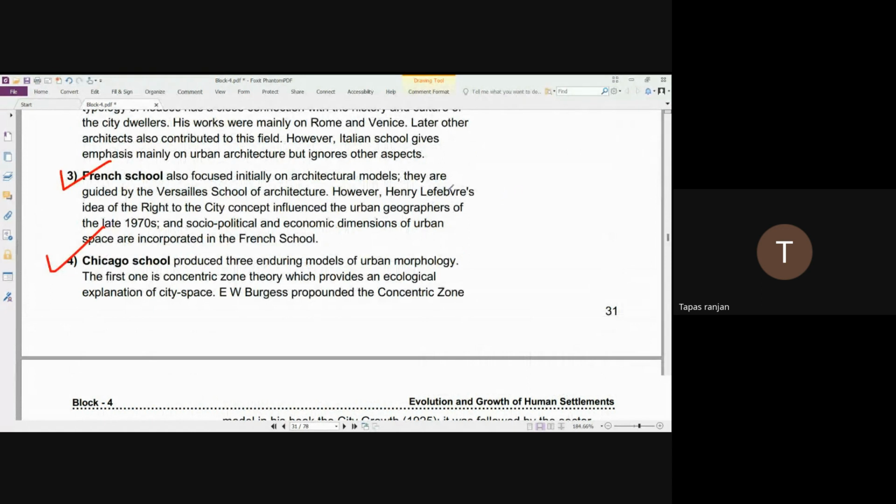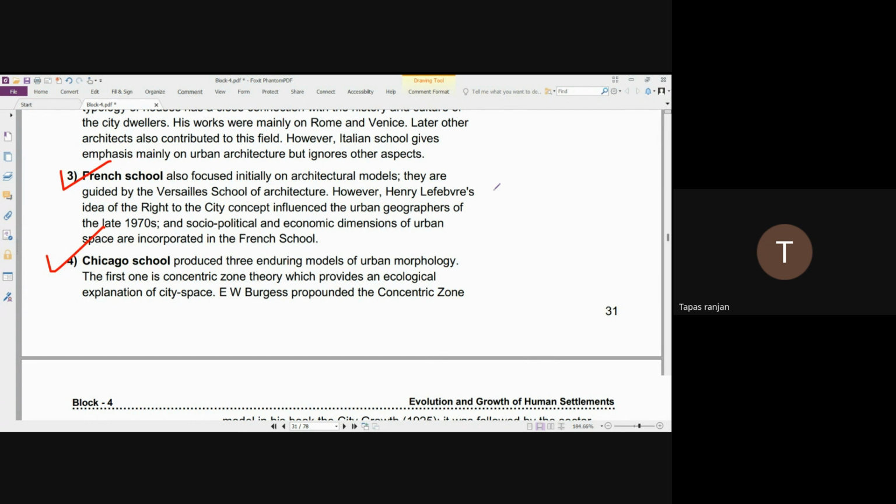Why? Because the urban settlements which are found in the European region, mostly in France, will be having a different city concept, and those will be influenced by the natural environment which is available to the people of urban places of France. But here in the Chicago school of thought, that will be somewhat different, because the natural environment is very different.